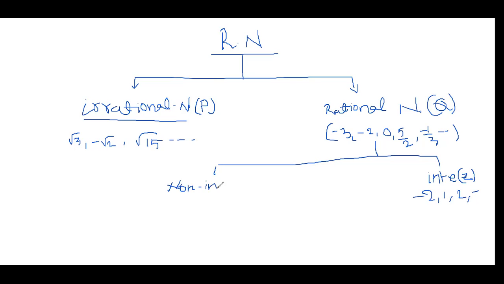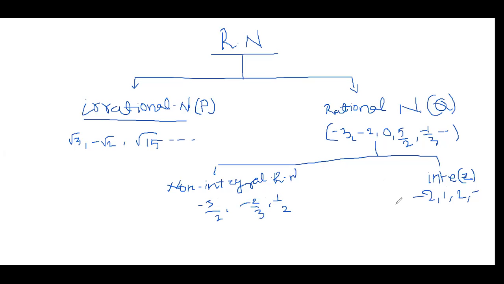The examples for non-integral rational numbers, does anybody know? -3/2, -2/3, 1/2. These are non-integral rational numbers.